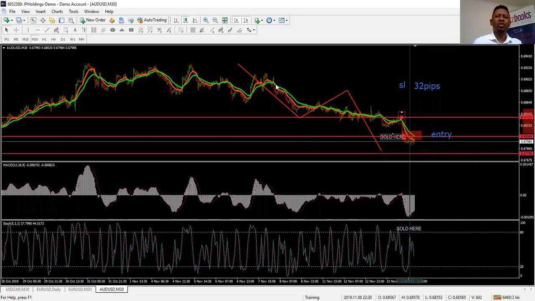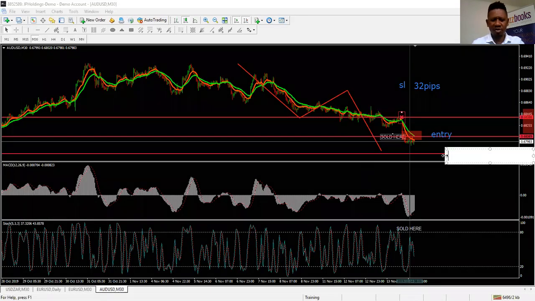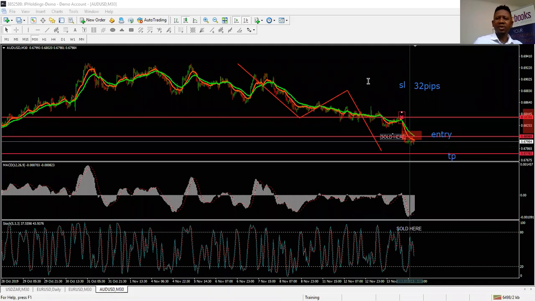If the TP is there, then they're having a good entry. So in this case, the distance between entry and stop loss is at least equal to the distance between entry and take profit. Then you can enter that trade. Okay, so that's how the system works.